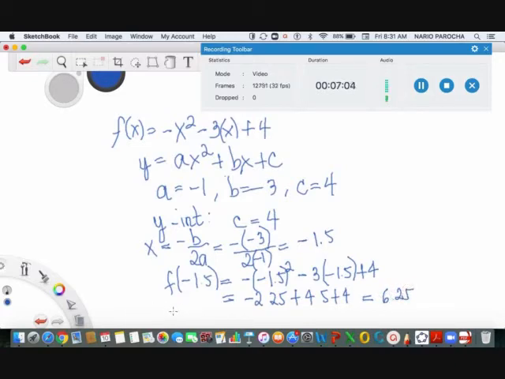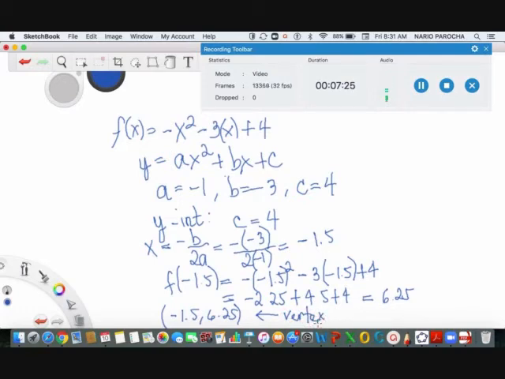So now we know the coordinate of the vertex: negative 1.5, positive 6.25.